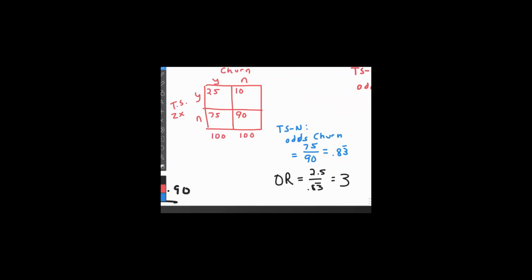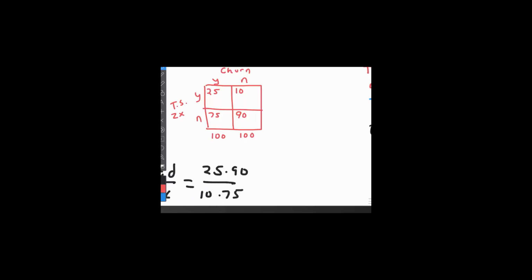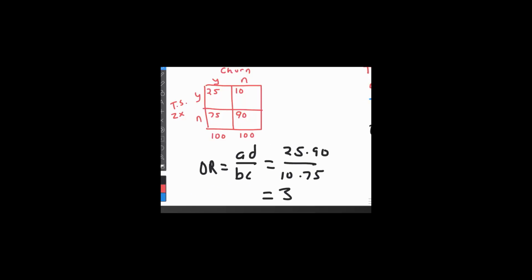Okay, let me show you another way that you'll sometimes see the odds ratio computed. I like the first way because you compute the odds and get the ratio of them. But here's just a shortcut formula.